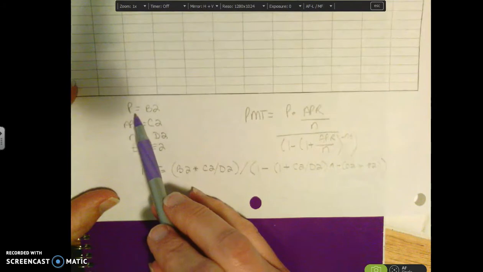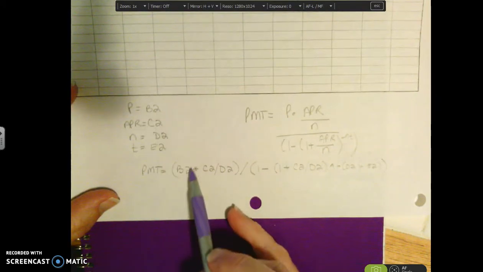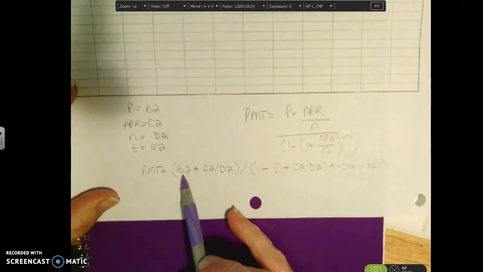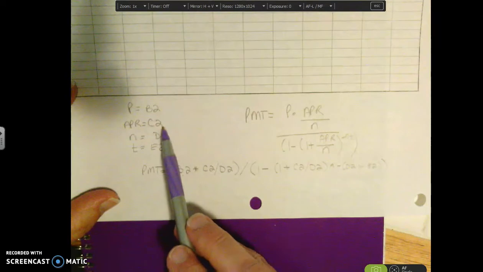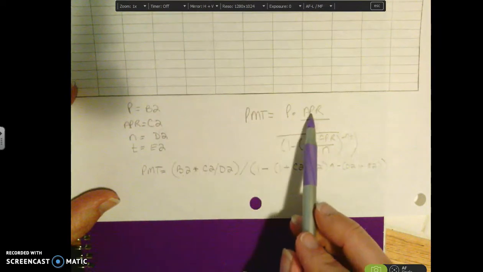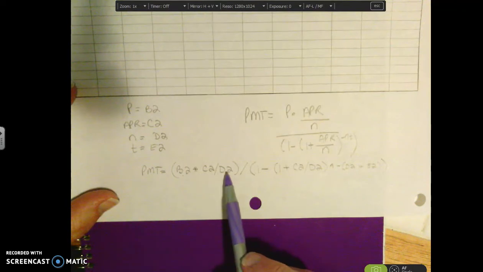So if P is my principal and it's in cell B2, then everywhere that there's a P, I would replace it with B2. Annual percentage rate is in C2, so wherever I have annual percentage rate, I'm going to put C2. Now the way that Excel works is if something has a percent sign with it, it automatically will write it as a 0.12 or a 0.13, so you don't have to change that decimal.